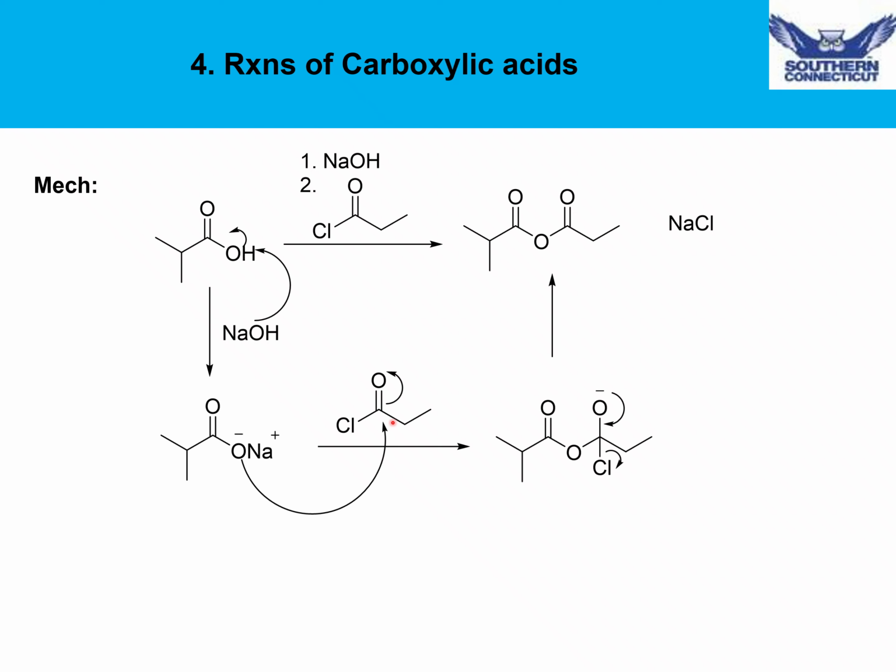That oxygen can attack an acid chloride, break the double bond, give us a tetrahedral intermediate. The tetrahedral intermediate will reform the carbonyl by eliminating the leaving group, which is the chlorine, and that gives us the anhydride. Now notice this anhydride is unsymmetrical since the alkyl group on the carboxylic acid is different from the acid chloride.